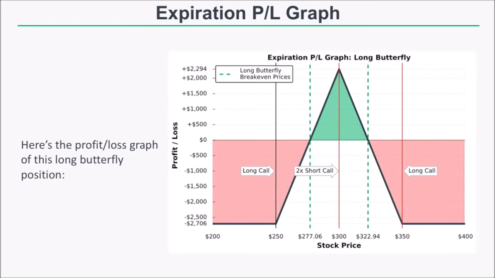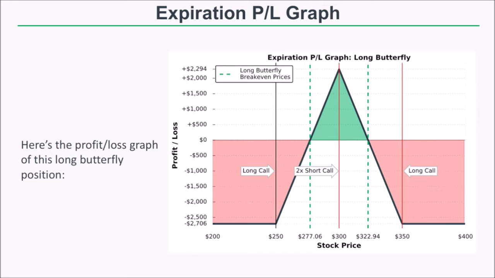Now why is that? Well, if we deconstruct this long call butterfly spread, we learn that it's a combination of a 250/300 long call spread and a 300/350 short call spread. So if the stock price is at $322.94, that long 250/300 call spread is going to be worth its maximum value of $50. However, that short 300/350 call spread is going to be worth $22.94.